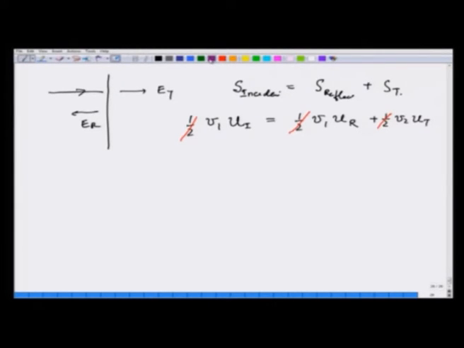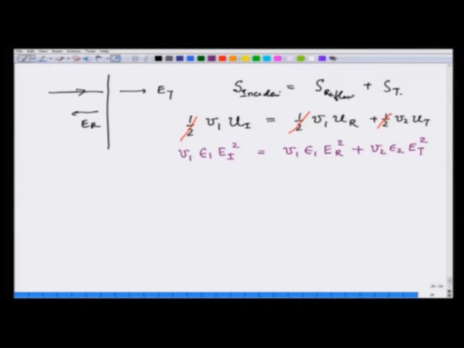This is going to be equal to V 1 times epsilon 1 E incident square, and the right hand side is going to be V 1 epsilon 1 times E reflected square plus V 2 epsilon 2 times E transmitted square.